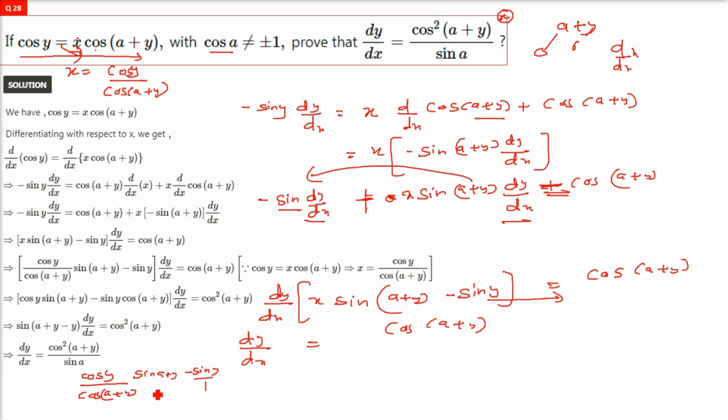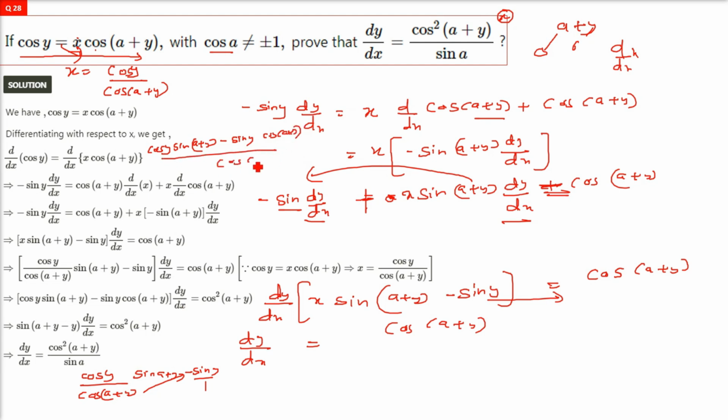Let us take the LCM here. Cross multiply and divide by the multiplication of the denominators. So cos y sin(a + y) minus sin y cos(a + y), divided by cos(a + y).